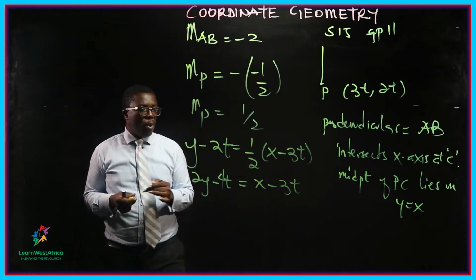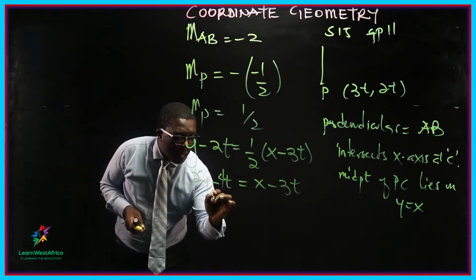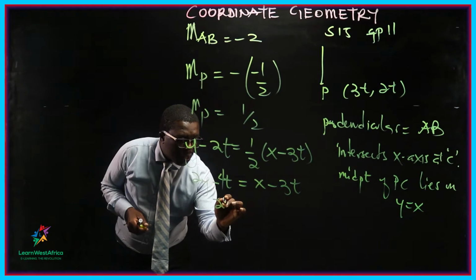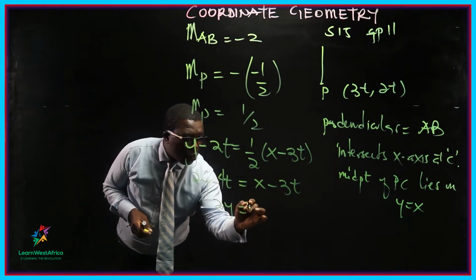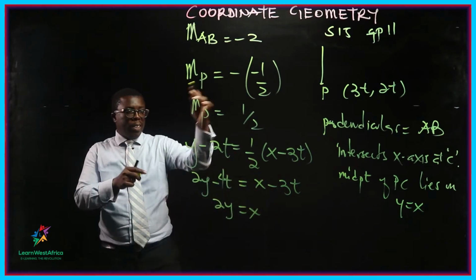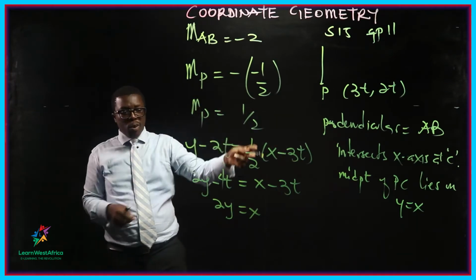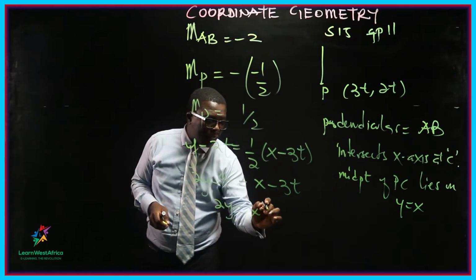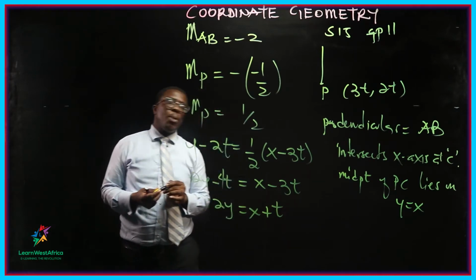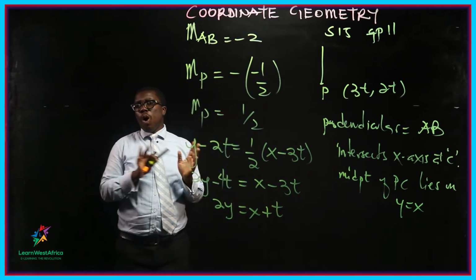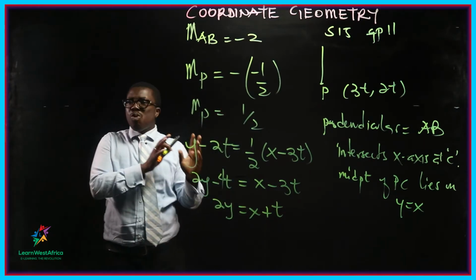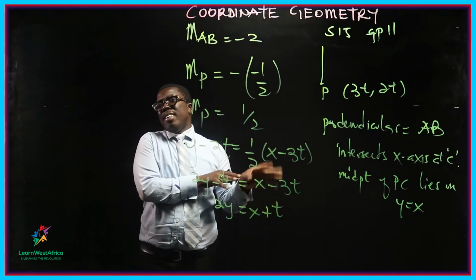So we are going to have 2y is equal to x minus 3t plus 4t, because that one's going to go there. So we're going to get what? x plus t. So the equation of the perpendicular is 2y is equal to x plus t.